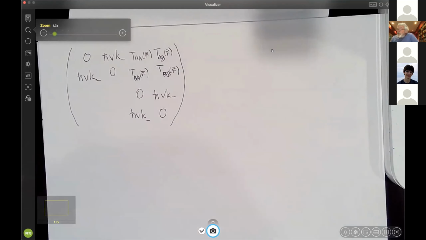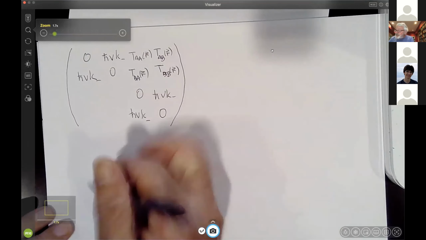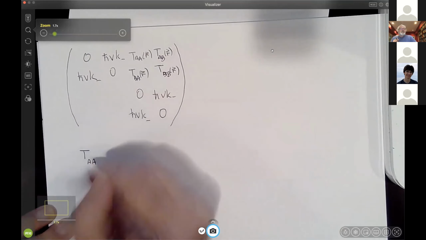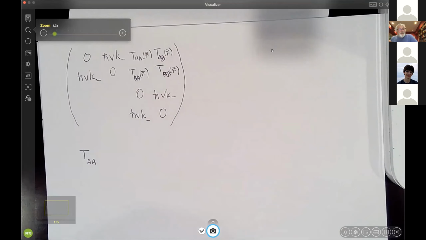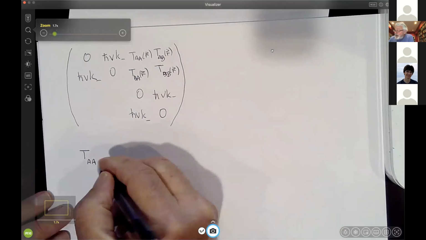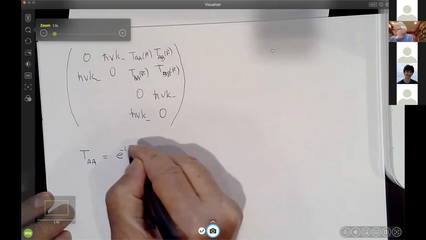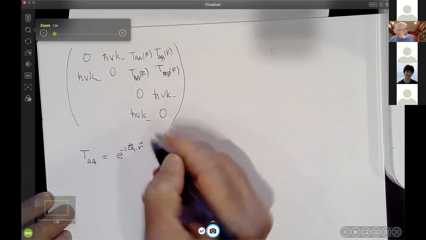Before, this interlayer tunneling block was a constant independent of position and had just one non-zero entry. When we changed the stacking, this 2x2 matrix is a function of position. I was going to step you through some steps in deriving that, but let me just say that it's derived in exactly the same spirit as I talked about yesterday.